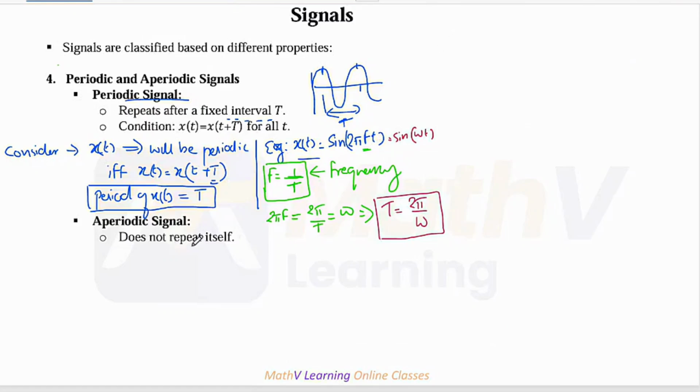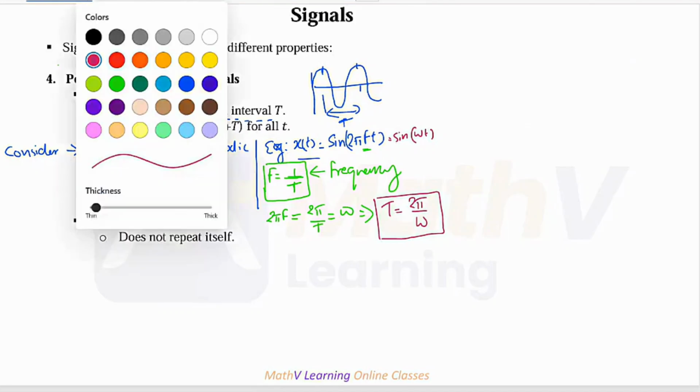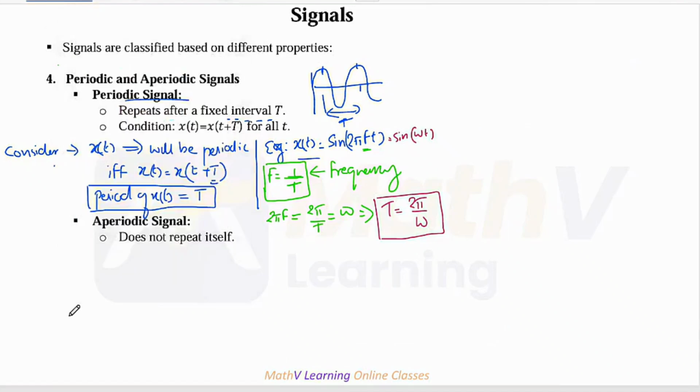If a signal is non-periodic, that is, if x of t is not equal to x of t plus T, or we cannot see any periodicity in that signal, then that sort of signal is known as an aperiodic signal.